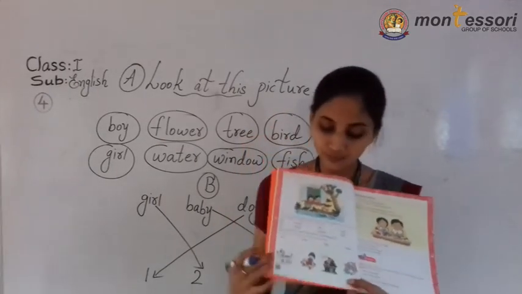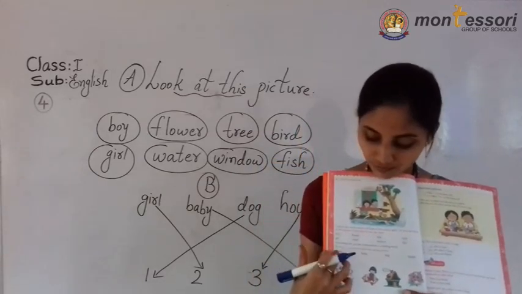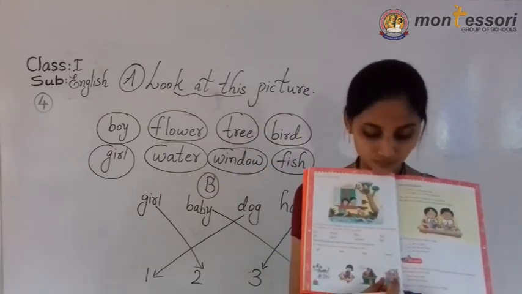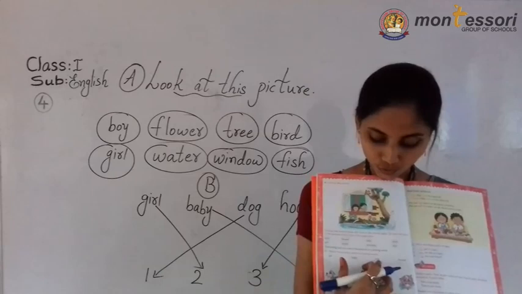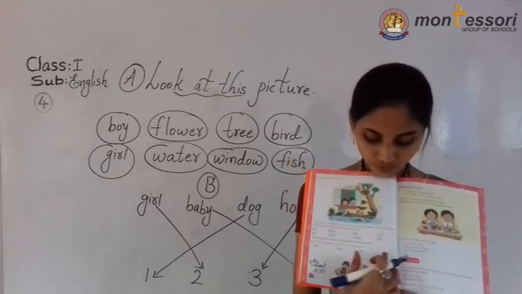Now, look here. First one girl. Match. Second one baby. Here. Third one dog. Here. Fourth one house.